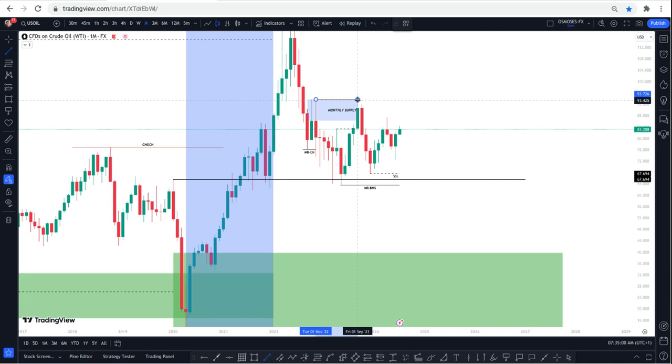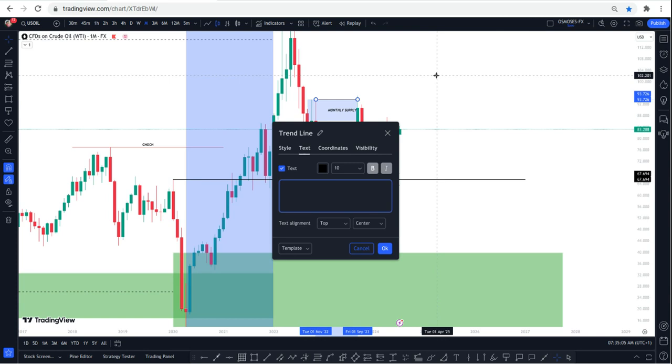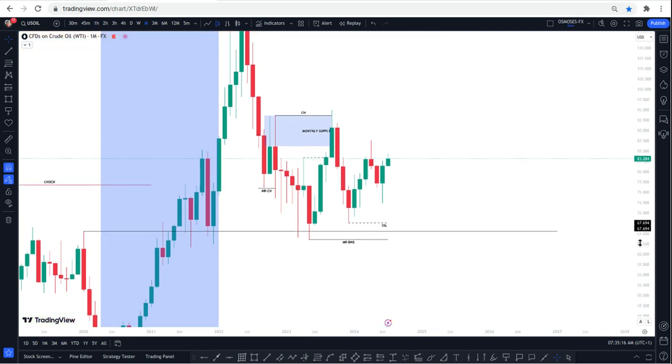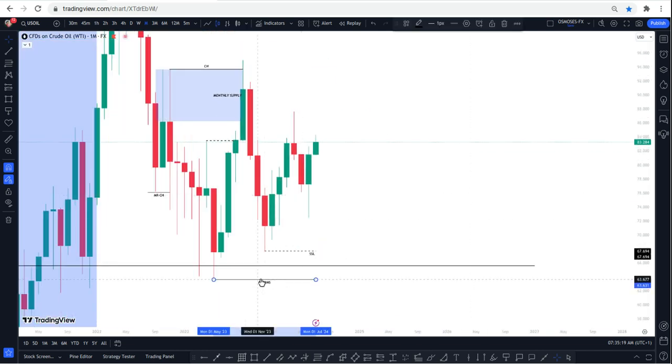So here becomes a change of character on top, because we tapped into the zone, we have a sweep of liquidity, and we have a change of character. So this is a sweep of liquidity. Set this last low, and we impulsively break to the upside.